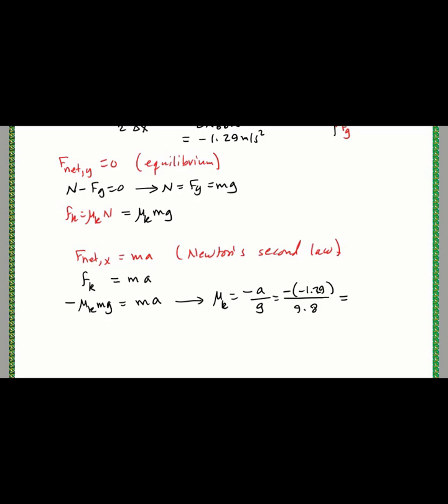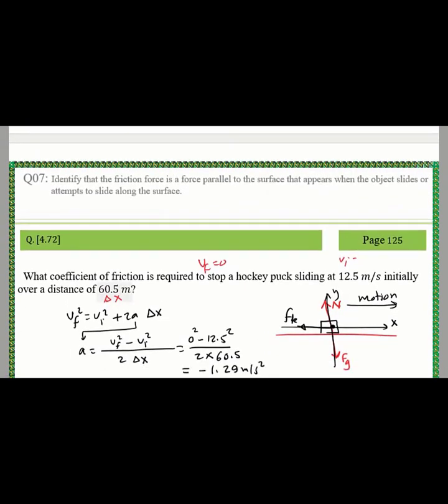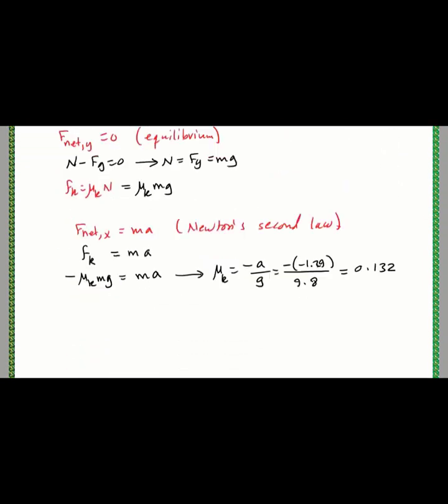If you make the division, it is 0.13 without unit because it is a coefficient of friction. Also, from the book, page 125, question 4.72. It's a good question.